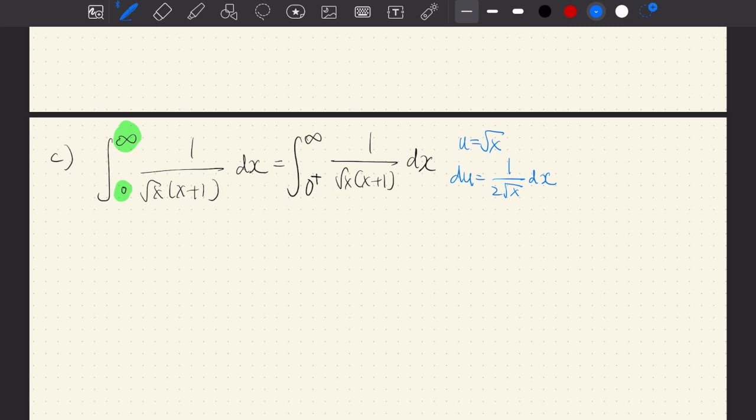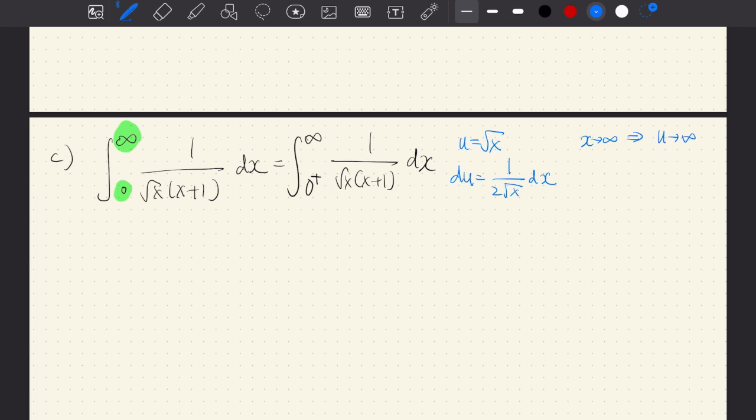Remember that here we're doing a definite integral, or improper integral. So once you're using u substitution, you have to see where the limits of integration go. When x goes to infinity, then because u is square root of x, u also goes to infinity.